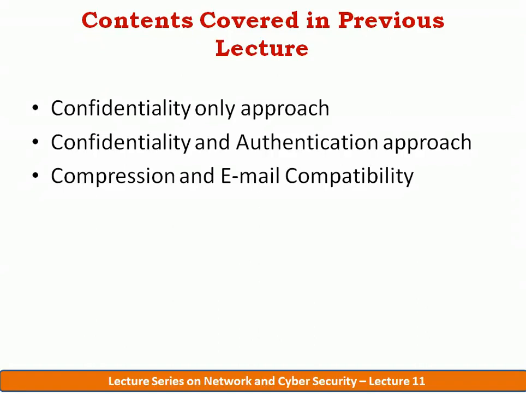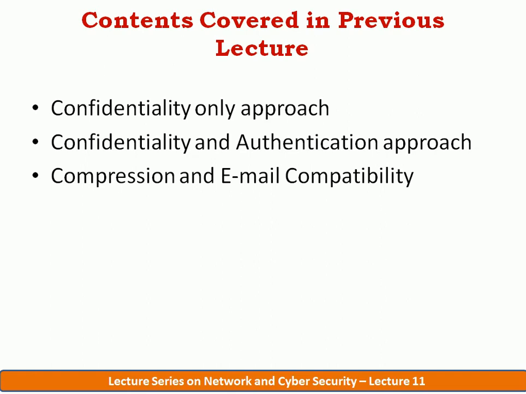In the previous lecture we discussed in detail the PGP, the Pretty Good Privacy email security protocol. We discussed how it provides different services for the security of the mail transmission from the sender to the receiver.